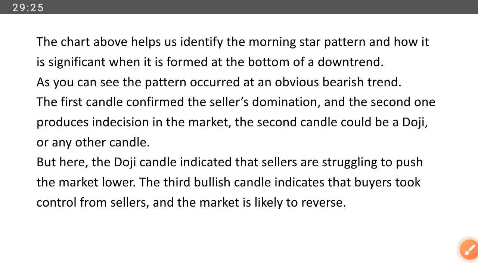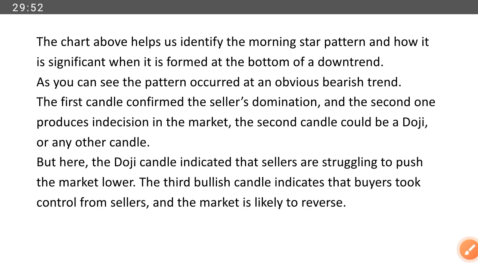As you can see, the pattern occurred at an obvious bearish trend. The first candle confirmed the seller's domination, and the second one produces indecision in the market. The second candle could be a doji or any other candle, but it must be small.